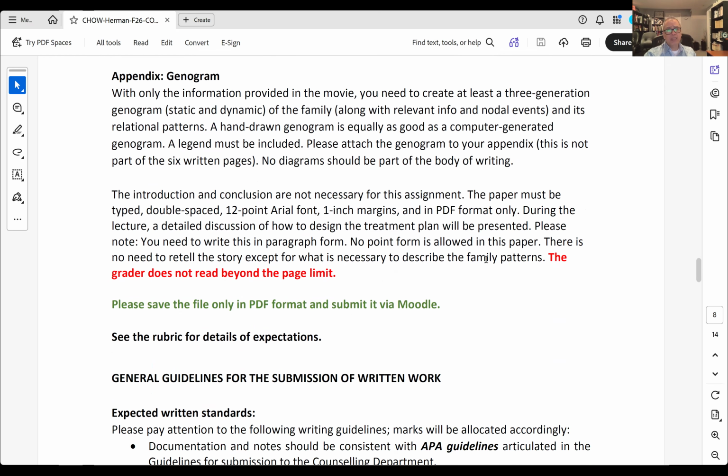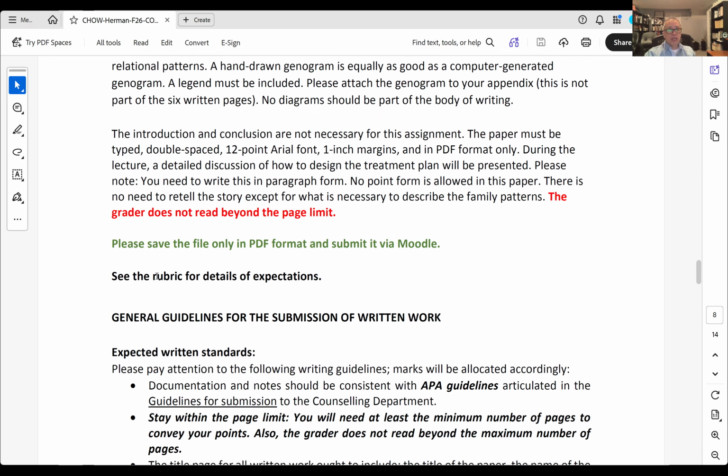Again, please do not retell the story except what is necessary to describe the family pattern. The grader will not read beyond the page limit. You only have a 6-page written limit, so please use that space wisely. You can look at the rubrics for the details of expectations and submit the paper through Moodle.